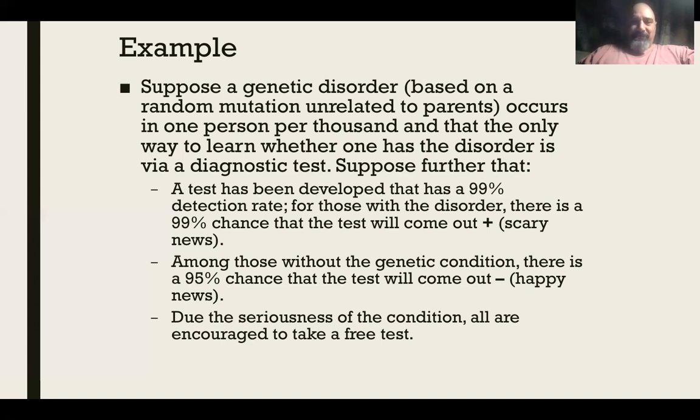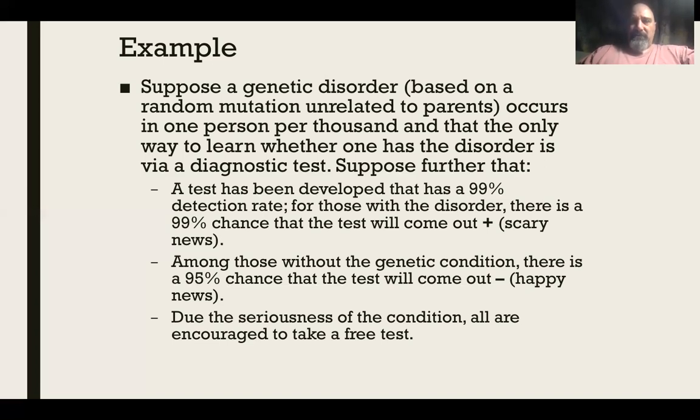It comes out negative. Now, separately, if you do not have the genetic condition, there's a 95% chance the test will come out negative. That's going to be happy news, right? It's correctly telling you that you don't have the disease. So there's a bit of a higher error rate among those without the condition, right?